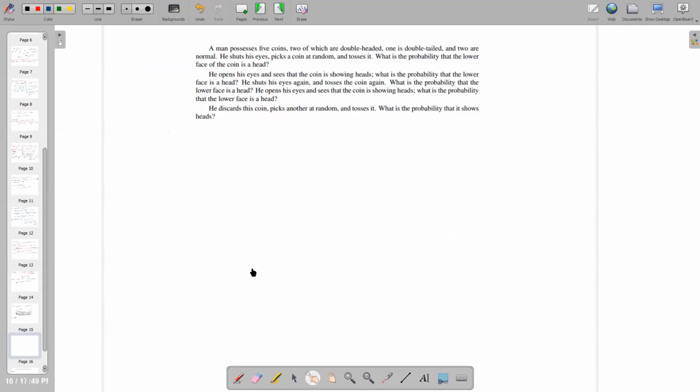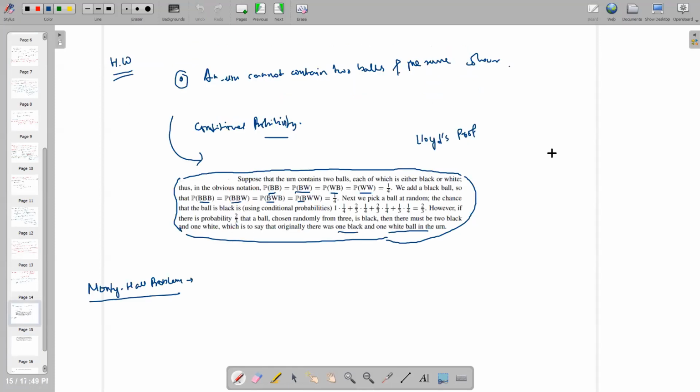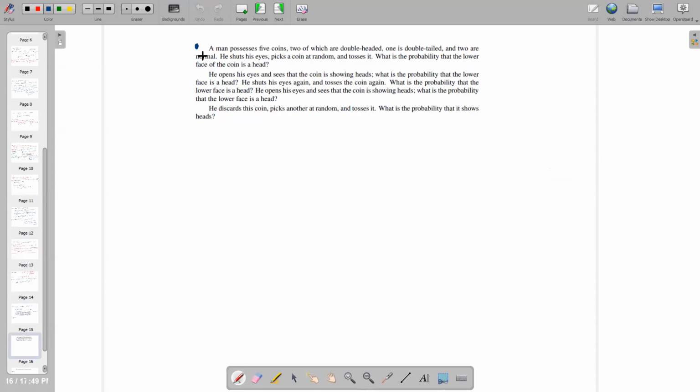A man possesses 5 coins. So this is an interesting problem. A man possesses 5 coins, two of which are double-headed, one is double-tailed, and two are normal.